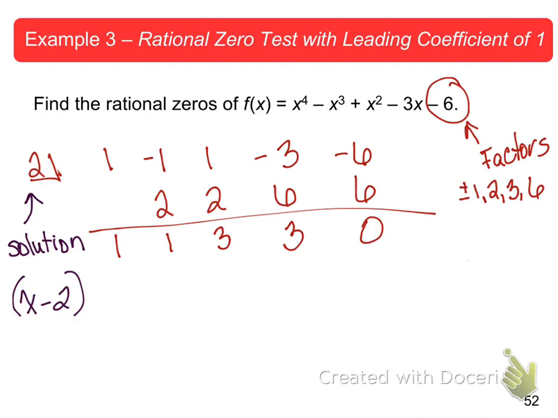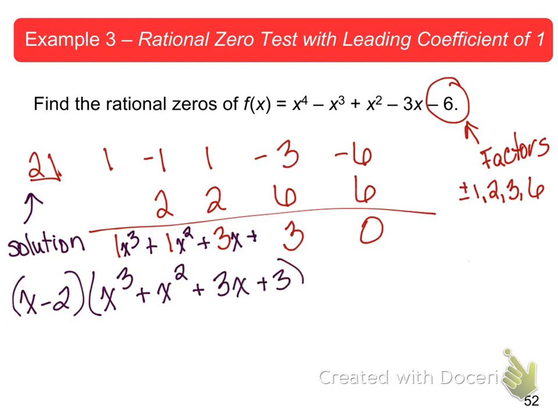Okay, now, very, very often after you do synthetic division once, you're able to factor the rest of it. So we've got plus 3, we have x here, x squared here, x to the third here. Okay, so I can rewrite this as x to the third plus x squared plus 3x plus 3.